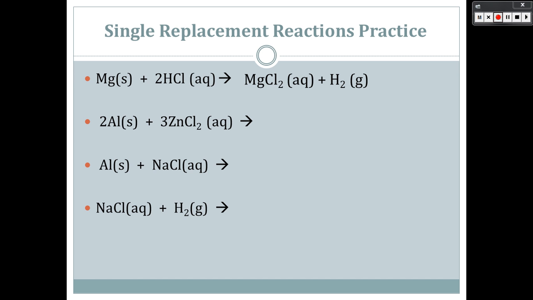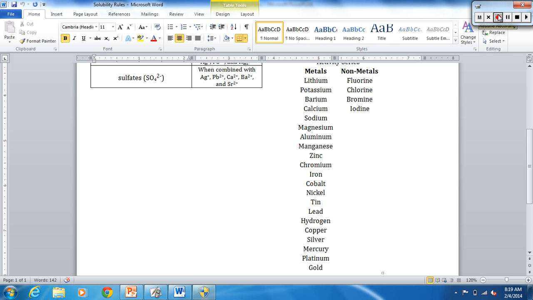So you should have found that magnesium will replace the hydrogen in hydrogen chloride, or hydrochloric acid. If we take a look at our reactivity series, here's magnesium up here. Here's hydrogen down there. So magnesium is definitely more reactive than hydrogen, definitely more attractive.